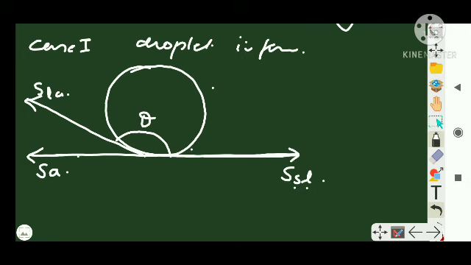I have drawn a tangent, and the angle between the tangent and the solid surface is the angle of contact. From the figure I can say the angle which the solid-liquid interface makes with the liquid-air interface is greater than 90 degrees. So the droplet is formed. I can explain by figure also.